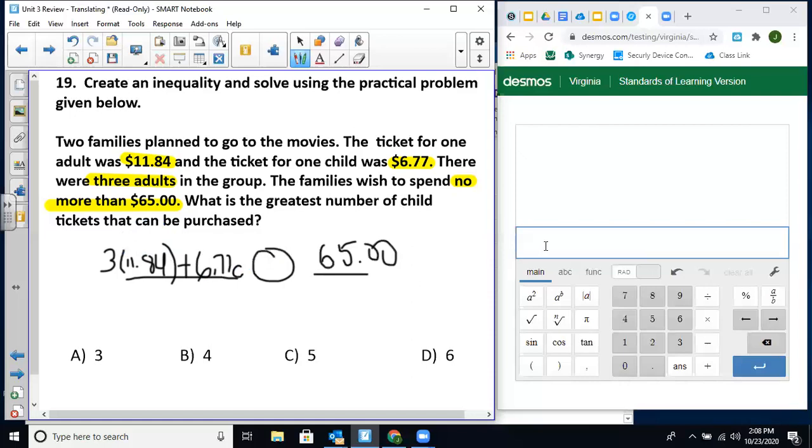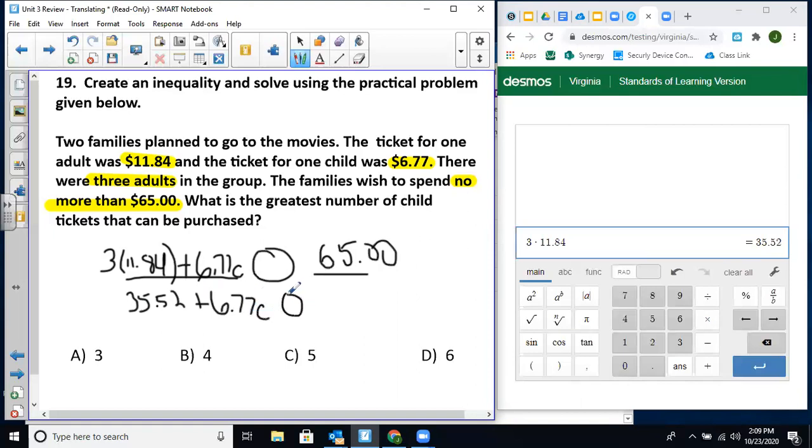Okay, now I'm going to use Desmos. I'm going to help myself. I'm going to rewrite this. 3 times 11.84, I'm going to figure out how much we're going to spend on these adult tickets for sure. So we're certainly going to spend $35.52 plus our $6.77 per child.